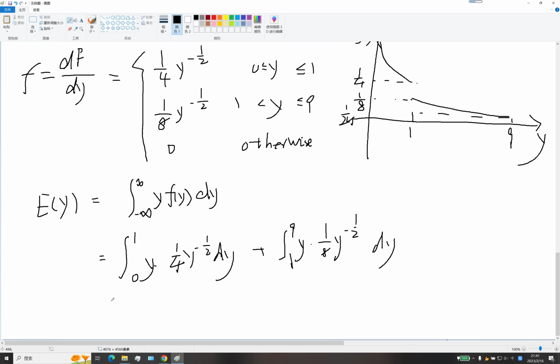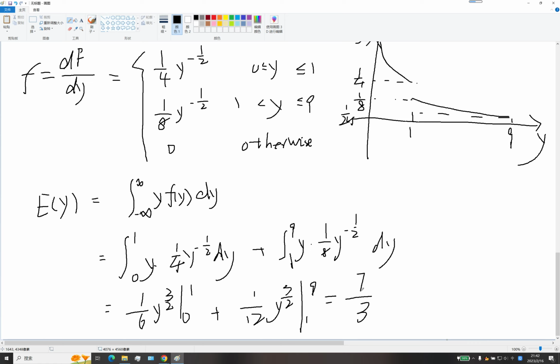So after doing it, we can easily calculate. We multiply y together, and we can get this. It is the part from 0 to 1 plus 1 over 12. So we can calculate, and the answer is 7 over 3. So this is the answer to question B.